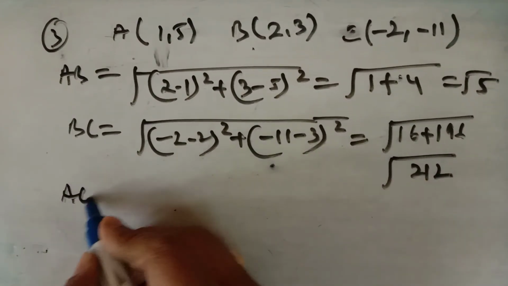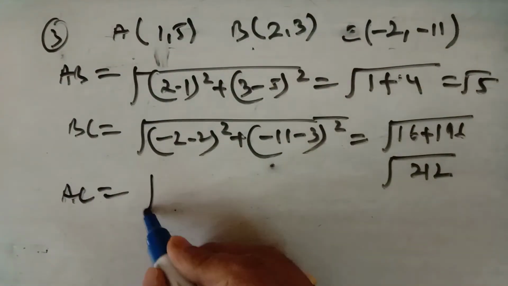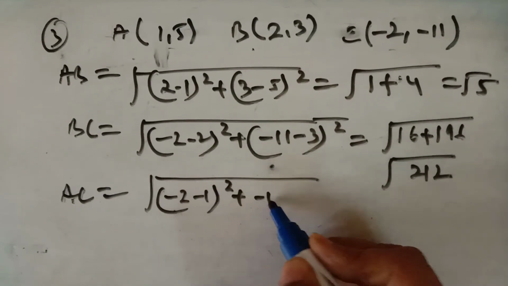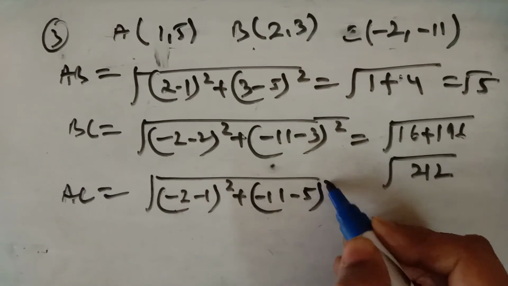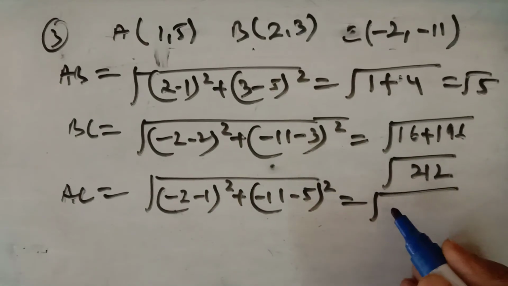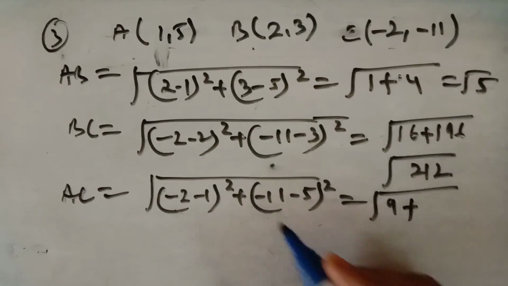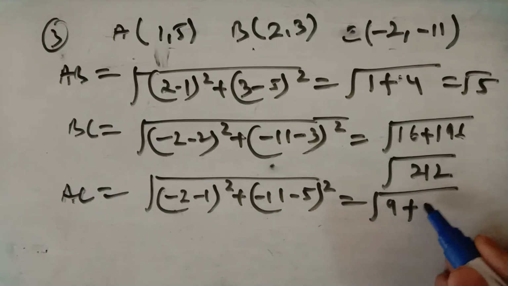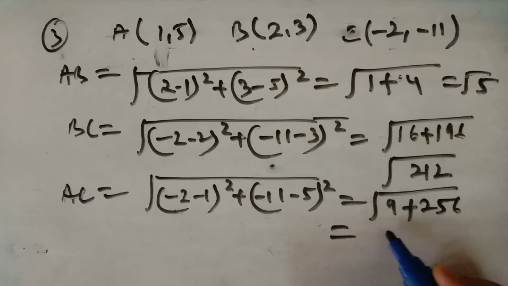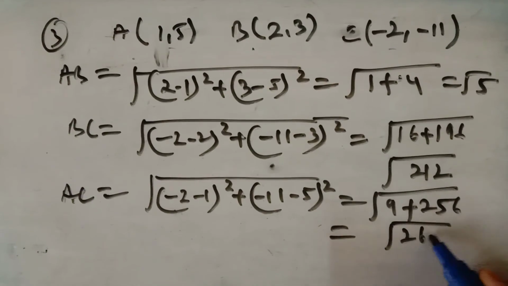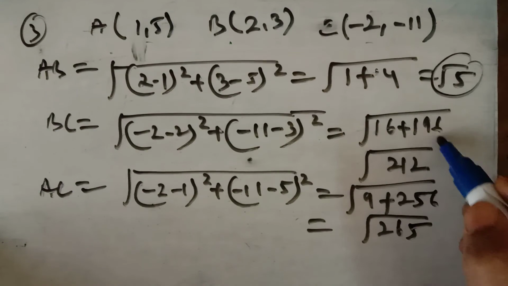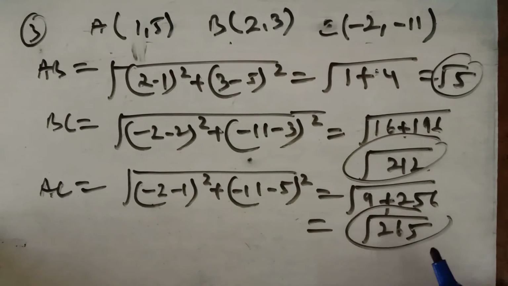Now the distance AC is (x2 minus x1) whole square plus (y2 minus y1) whole square, and this is coming out to be 9 plus (−11 minus 5), that is minus 16, whose square is 256, and this is coming out to be 265. Now if we add any two of them, they are not coming to be equal to the other.